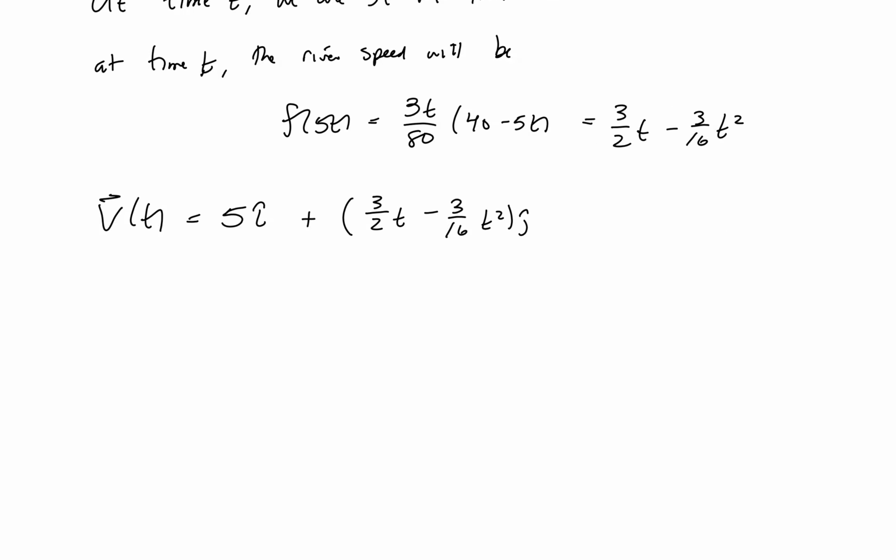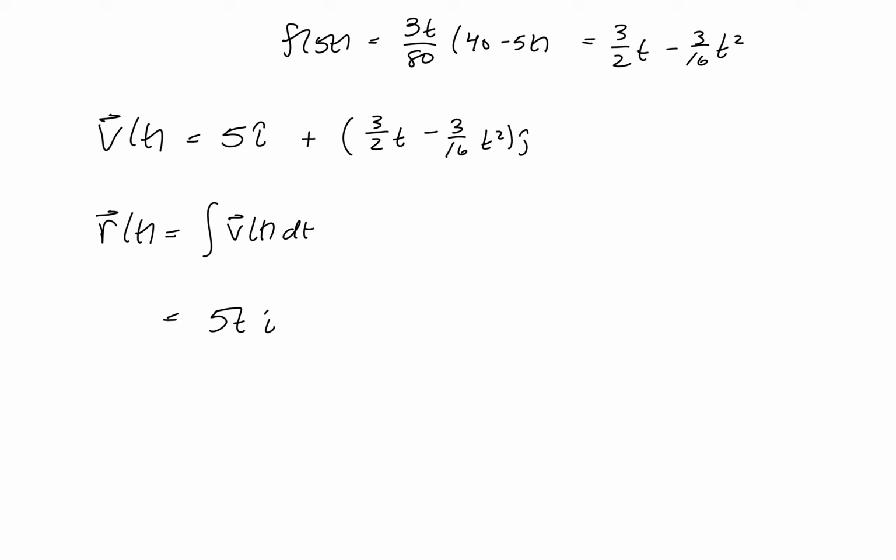And now if we use that r of t is the integral of v of t, my position is 5t i plus 3/4 t squared minus 1/16 t cubed j plus r of 0. And we choose our coordinate system, so r of 0 is 0.